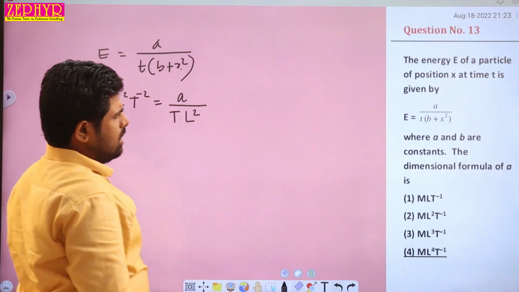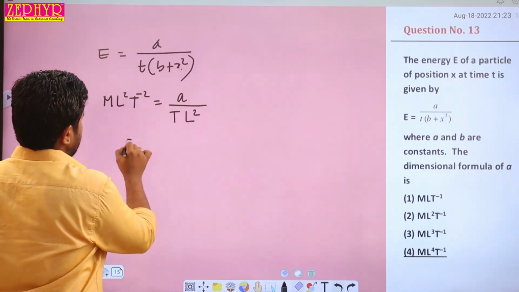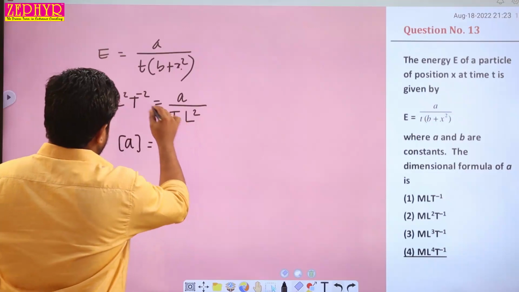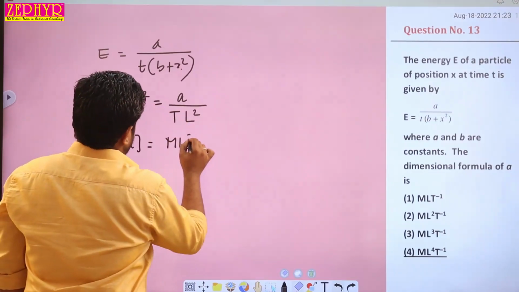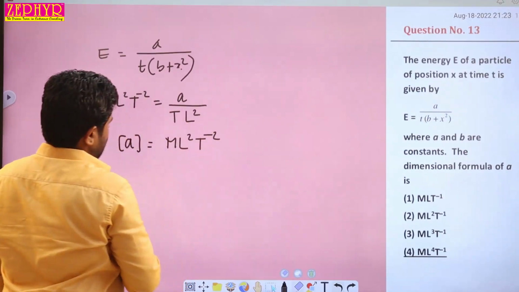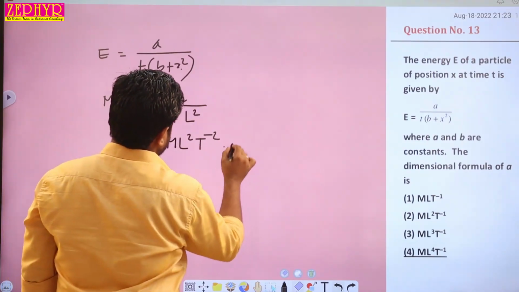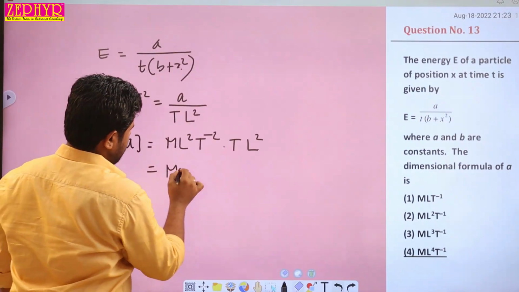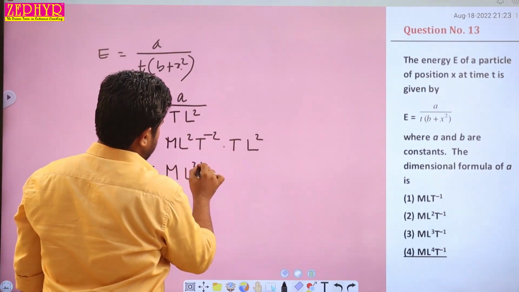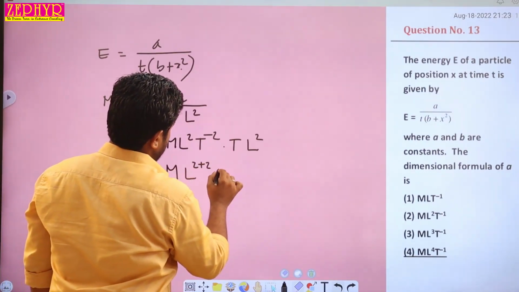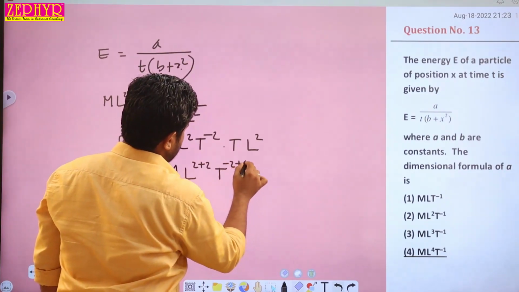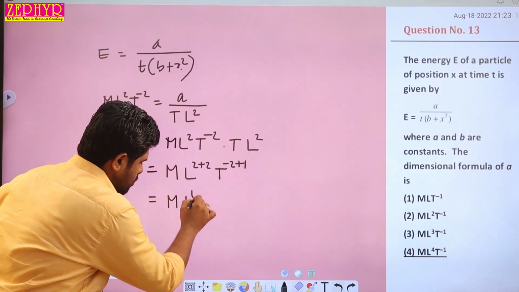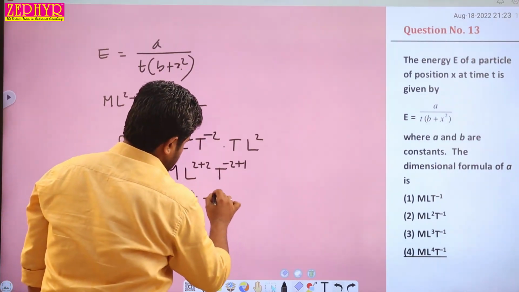So the dimensional formula of A is equal to m L square T raised to minus 2 into T L raised to 2. So m L raised to 2 plus 2, T raised to minus 2 plus 1. Now it is equal to m L raised to 4 T raised to minus 1.